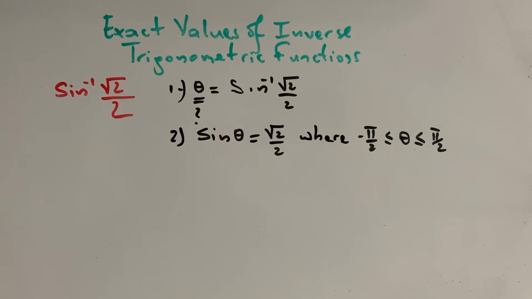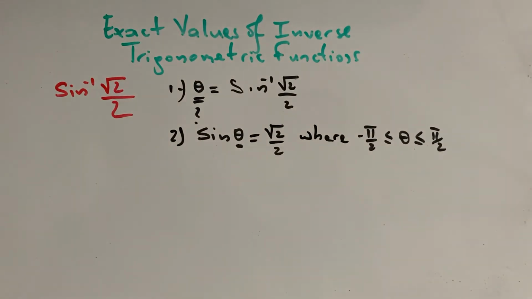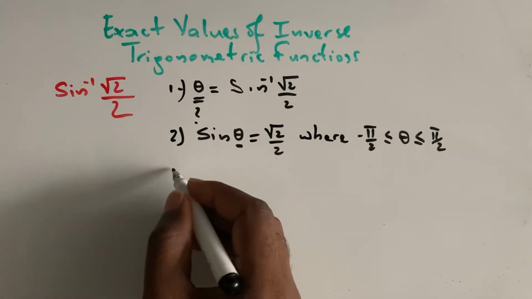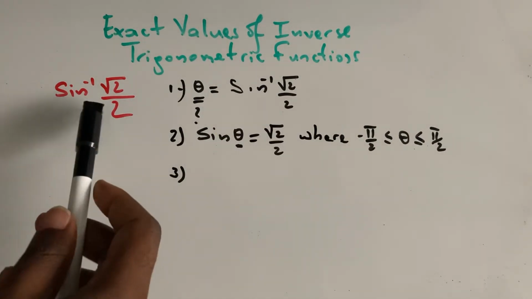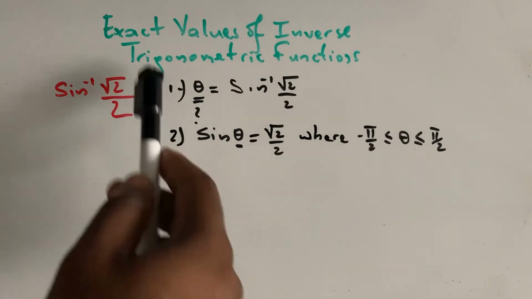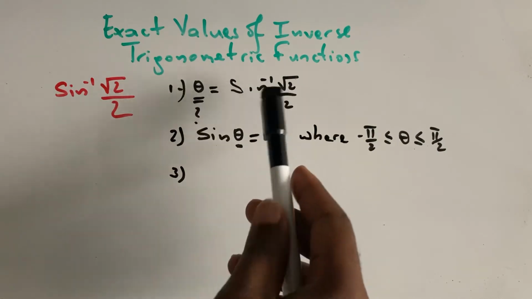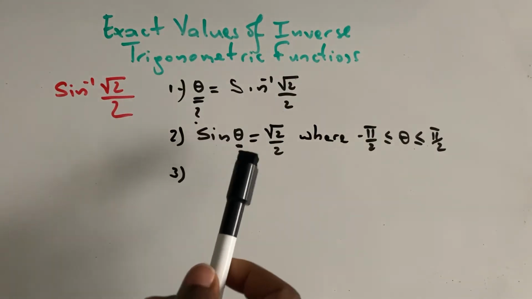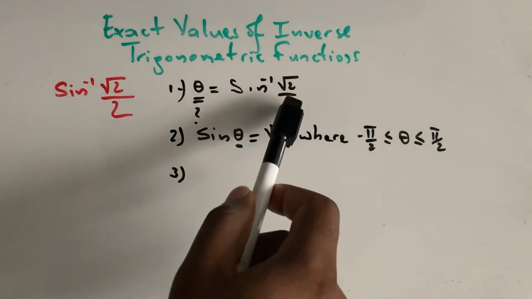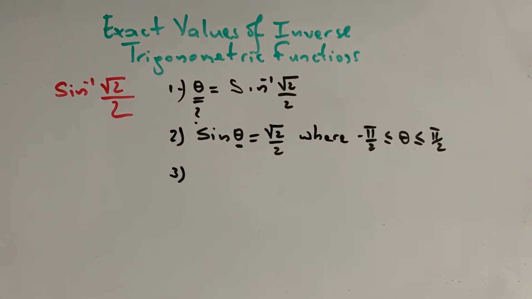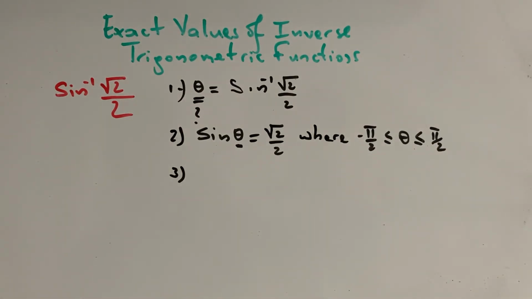This is what you really need. Now, just 3 steps. First step, remember that this is not a reciprocal, it's just an angle you're trying to get. Treat this as an angle. The next step is to find the angle whose sine will give you this value, but that angle needs to be between negative pi over 2 and pi over 2 inclusive.